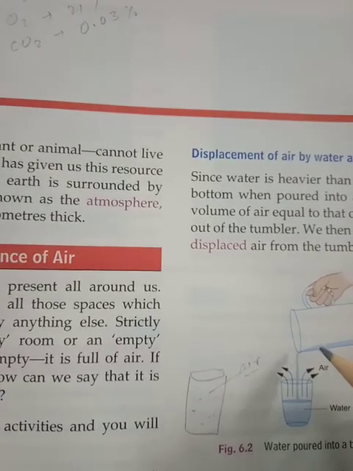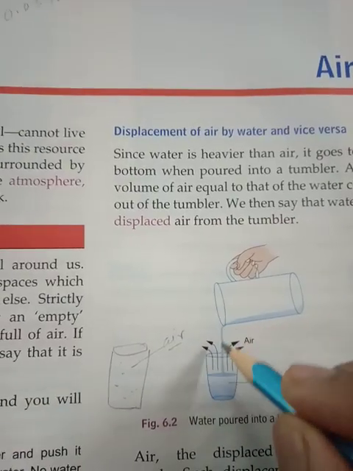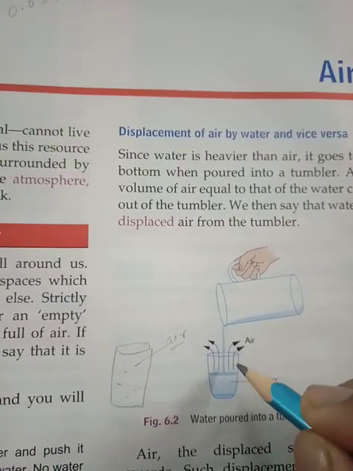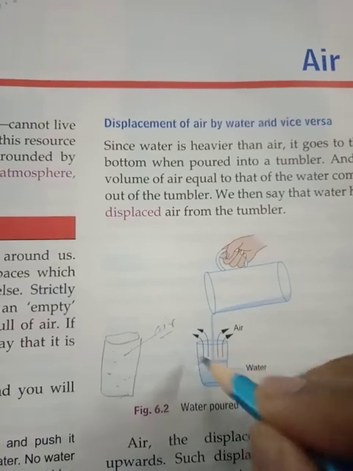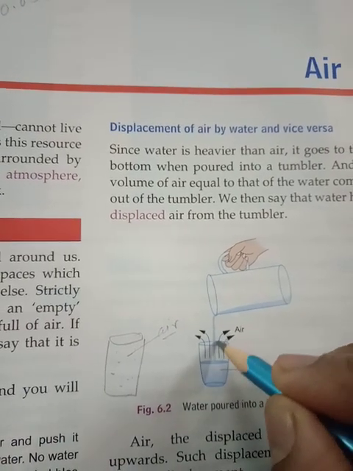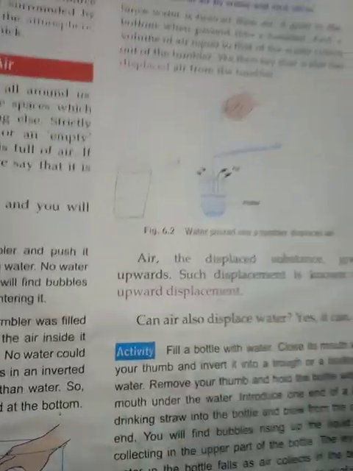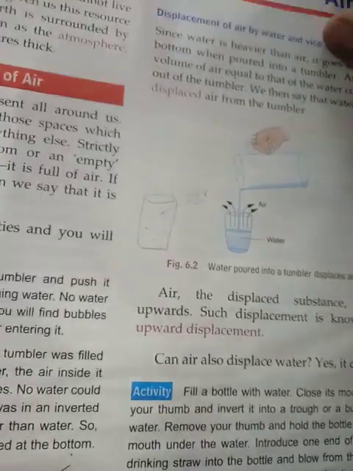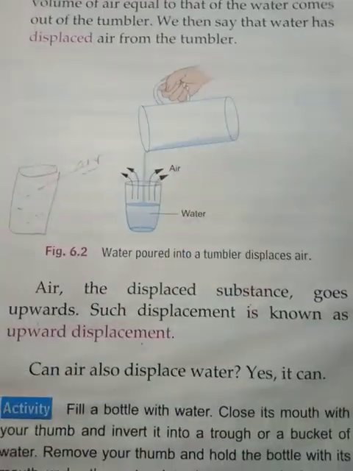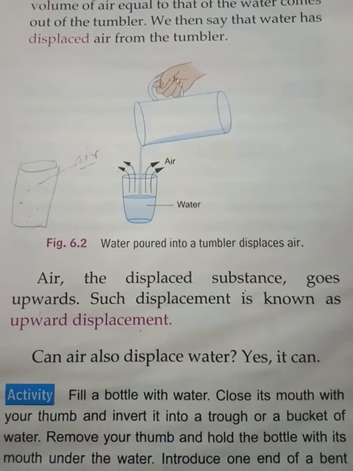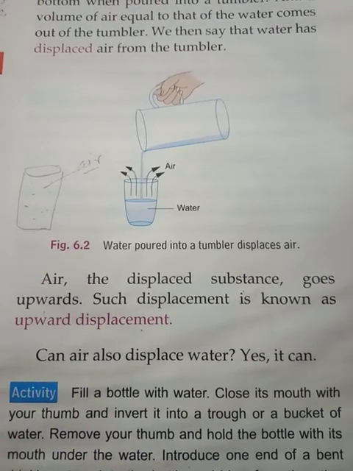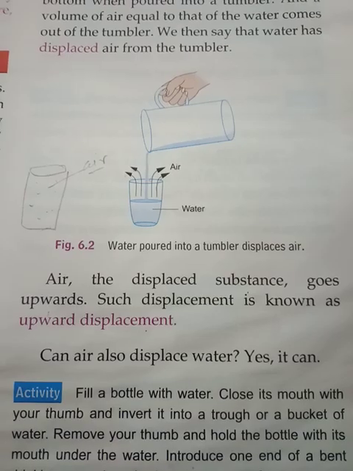But whenever we pour some water into it, whatever air is present inside this glass comes out of the glass. Now the air, the displaced substance, goes upward. Such displacement is known as upward displacement.